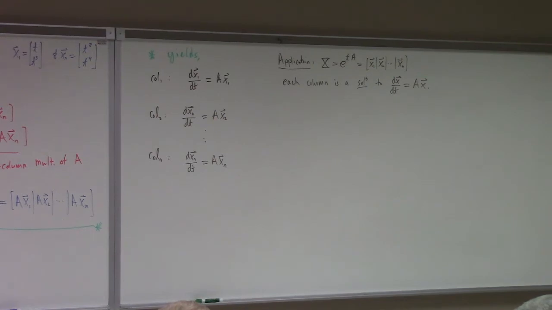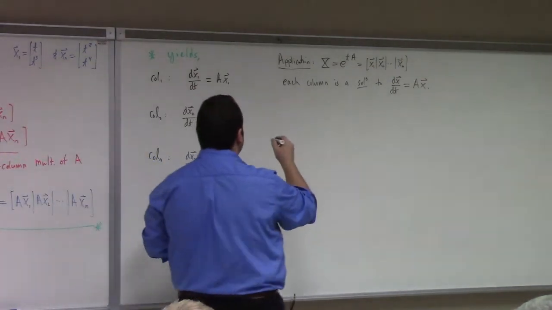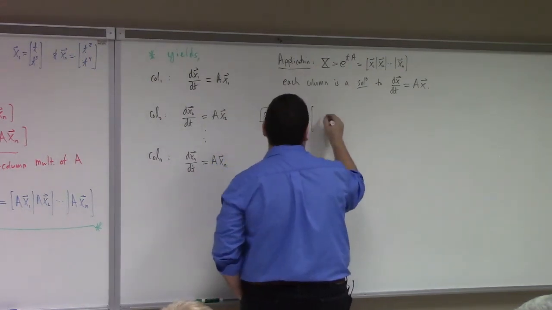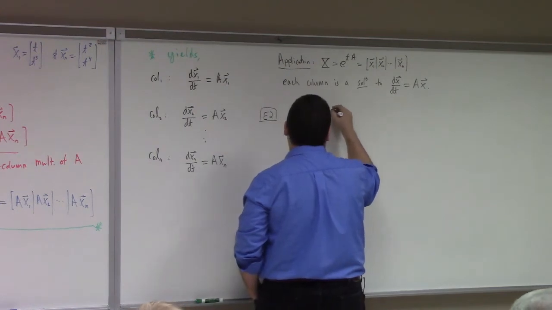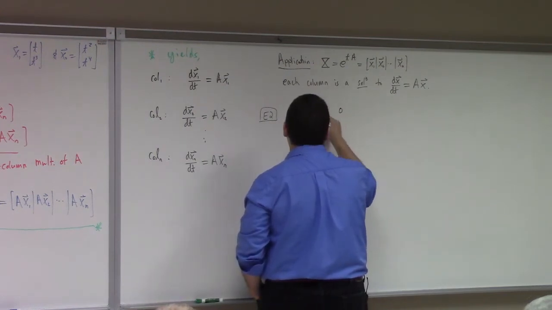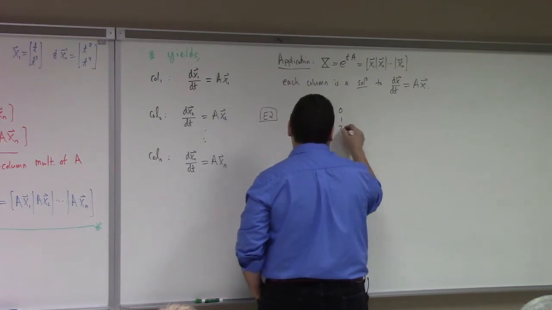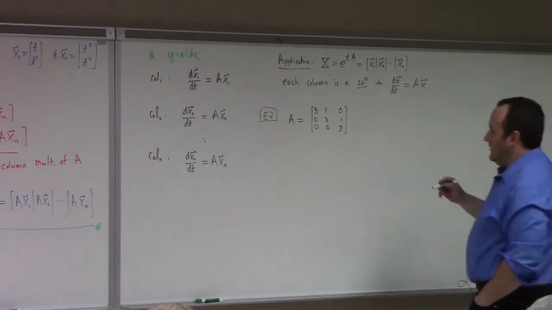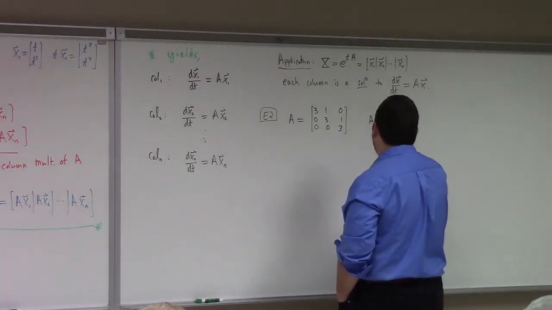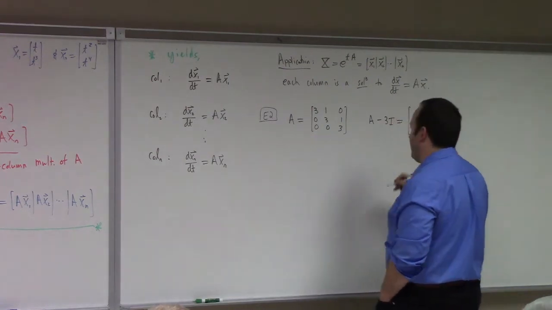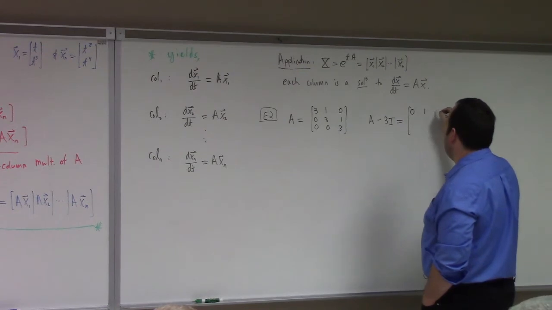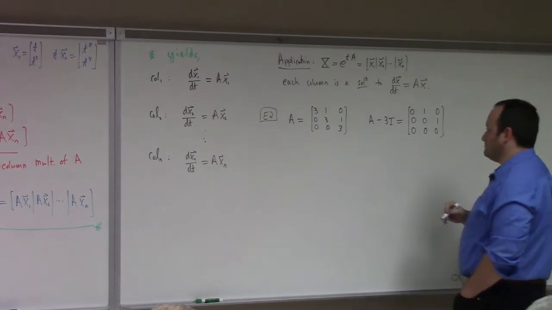Let me show you a direct example. If I have A equals, let's say, the matrix with rows 3, 1, 0; 0, 3, 1; 0, 0, 3, then you can calculate that A minus 3I is what? It's this, right?